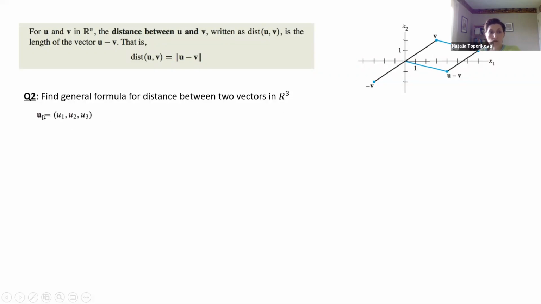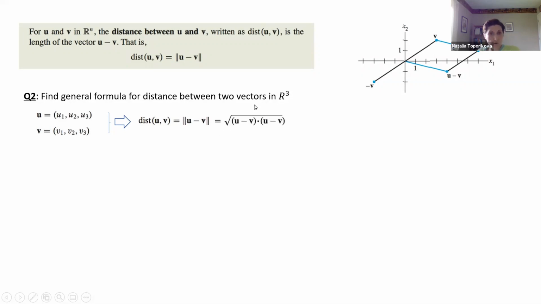We have vector u, which has three components, u1, u2, and u3, and vector v, also with three components. Let's use our distance formula, which tells us that the distance is the length of the vector u minus v.